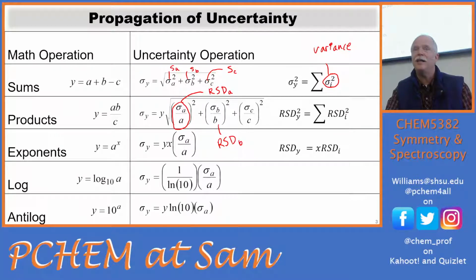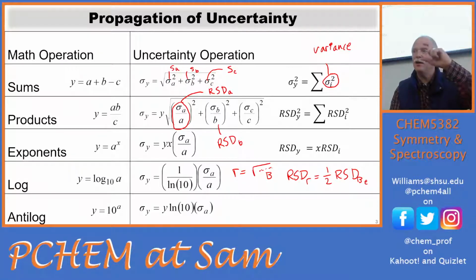And that was actually the case for our situation when we had r equal to the square root of some constants divided by B. Then all we needed to do was to say that the RSD for r is equal to 1/2 the RSD for our BE value. So if our RSD is 5% in our B value, then our bond length RSD is only going to be 2.5%.